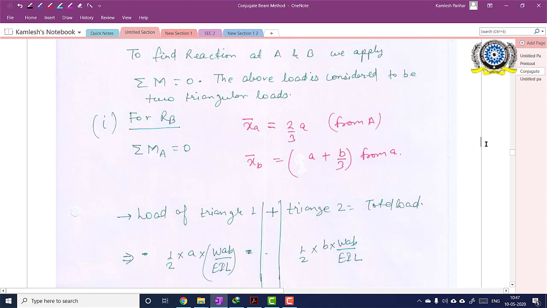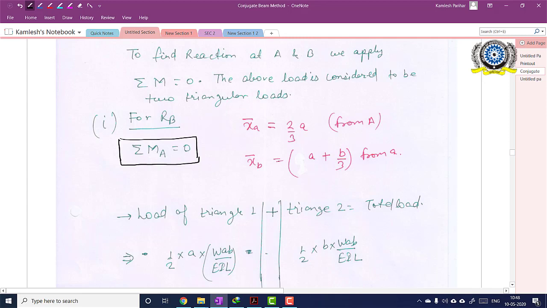Next, first thing we have to find out the reactions. Now how to find out the reactions? You all know there are two equations to find out the vertical reactions. Number 1, summation V equal to 0, and number 2, summation M equal to 0. So here I have applied the equation summation MA equal to 0. This will give me reaction RB.